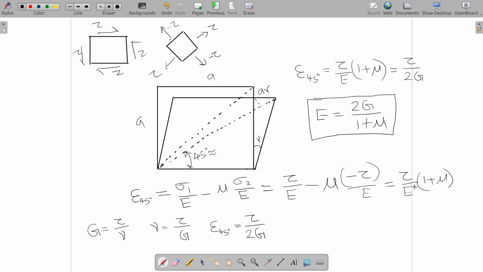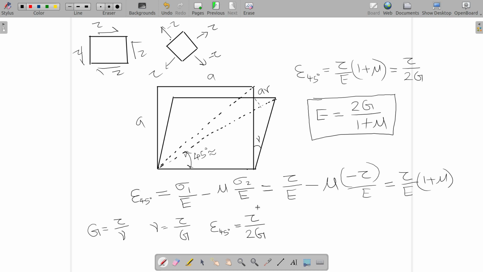One clarification here. I directly wrote epsilon 45, which is the linear strain, equal to tau by 2G. How did I do that? I think by mistake I told the strain component in strain tensor is equal to simply half of this one, and that is true.